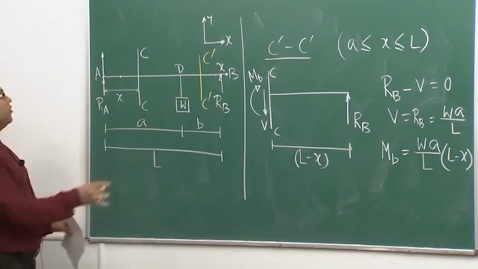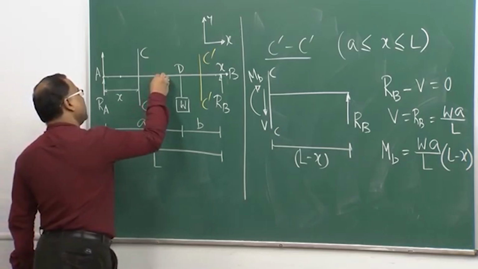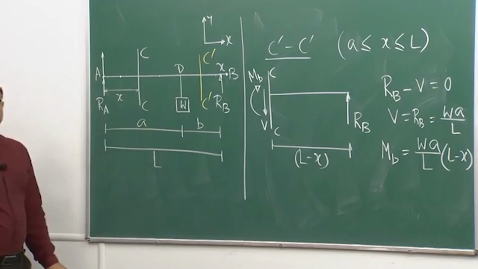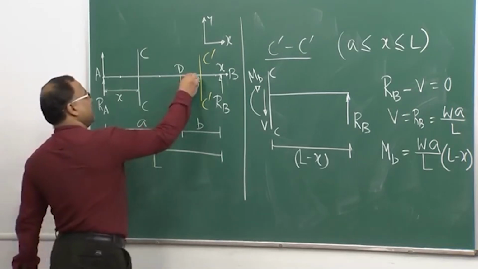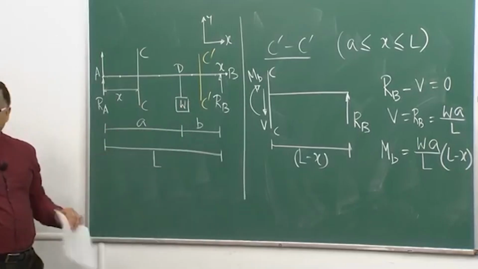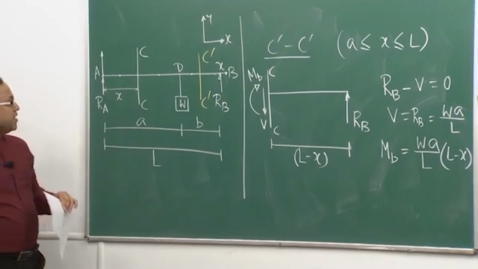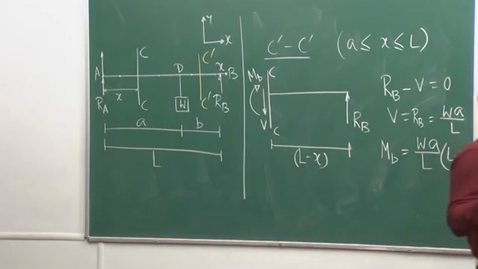I can find out from whatever is there in section CC. If I am here, I still can find out bending moment and shear force by considering section CC. If I am here, I can find out bending moment and shear force information from section C prime C prime. So, that means wherever you go on this beam, you can find out the bending moment and shear force information from these calculations.